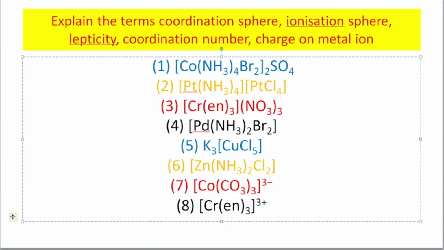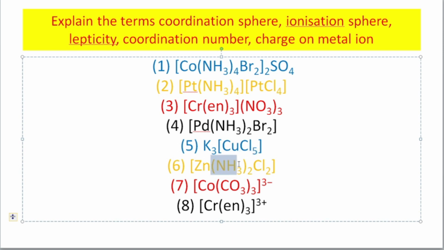In this third complex, which ligands are there? Only ethylene diamine ligands are there. Only one kind of ligand. So it is a homoleptic complex. In the fourth, two different kinds of ligands are there. One is ammonia and other is bromide. So it is a heteroleptic complex. In fifth, only chlorides are the ligands. So it is a homoleptic complex.